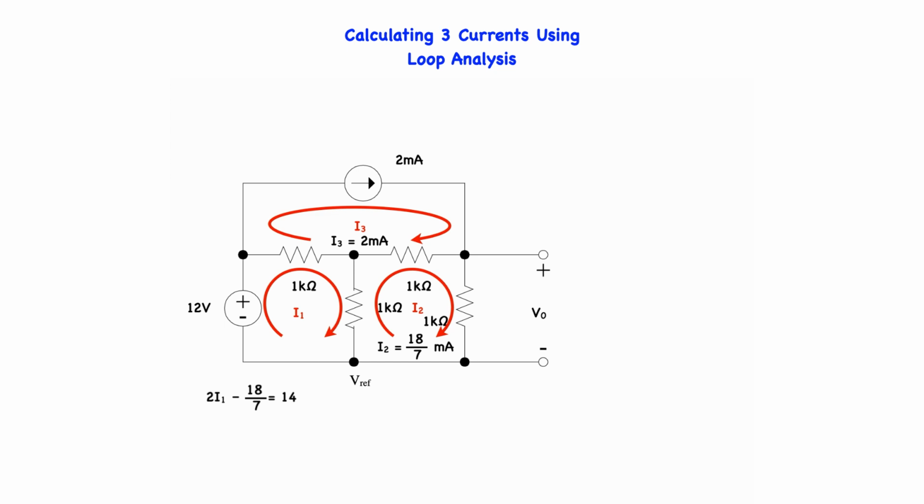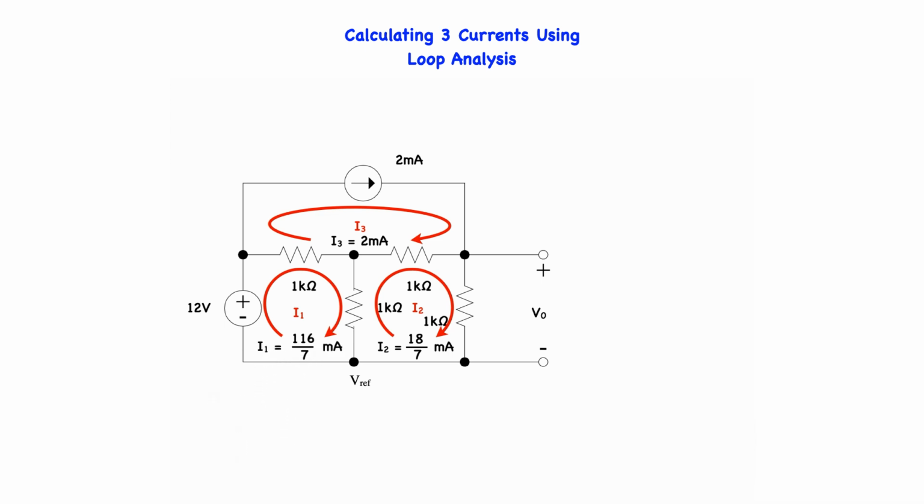Rearranging the terms, 2I1 is equal to 14 plus 18 over 7, which is the same as 2I1 is equal to 98 over 7 plus 18 over 7, or I1 is equal to 116 divided by 7.